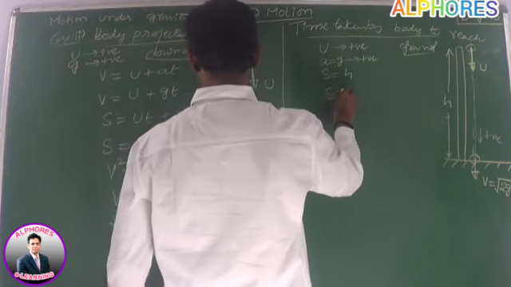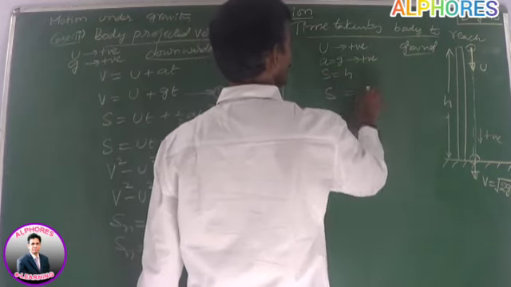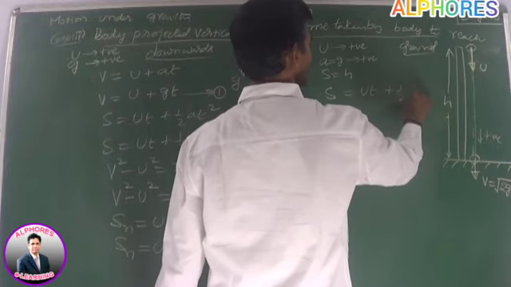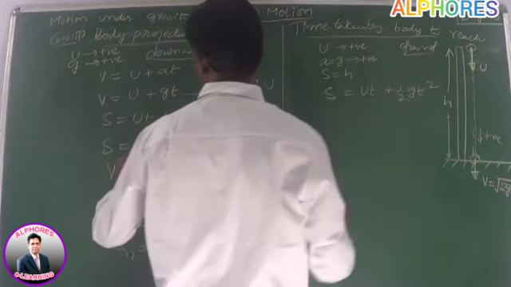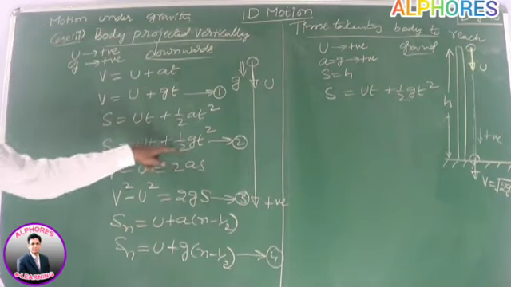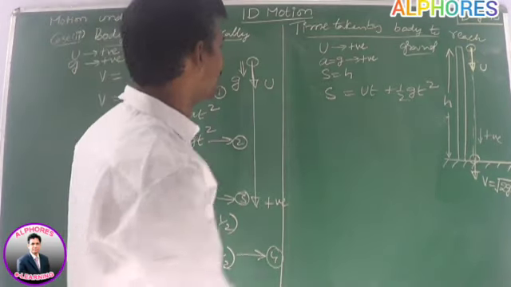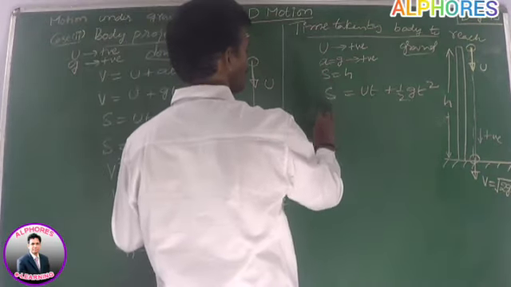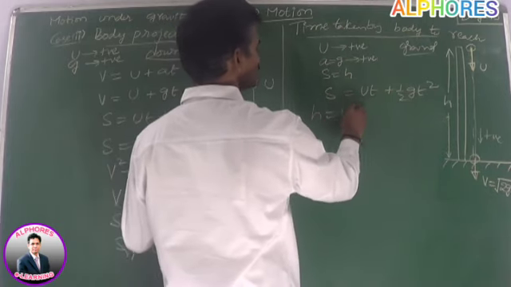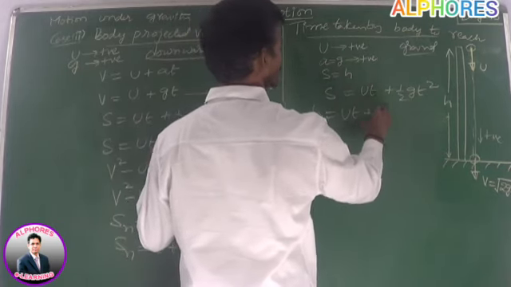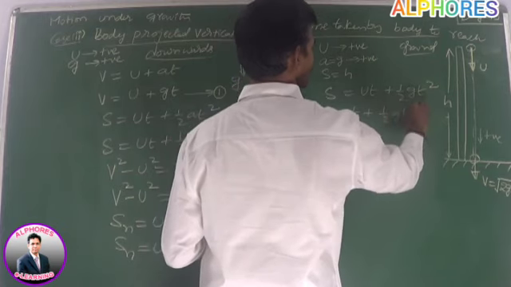So I am using s equal to h. According to our second equation, s is equal to ut plus half gt square, with s equal to h, h is equal to ut plus half gt square.